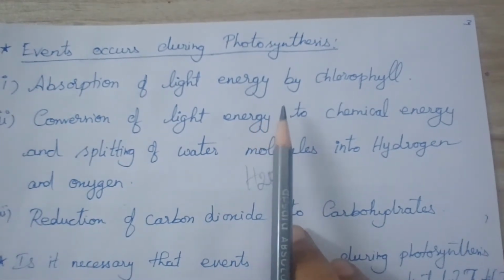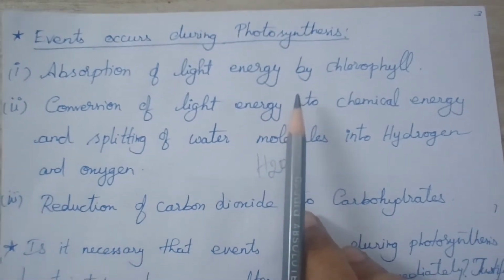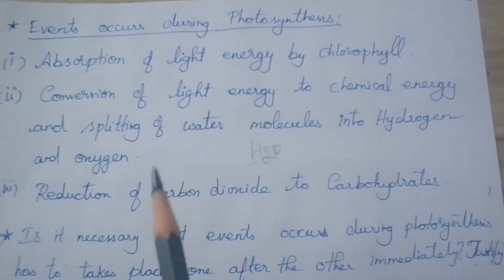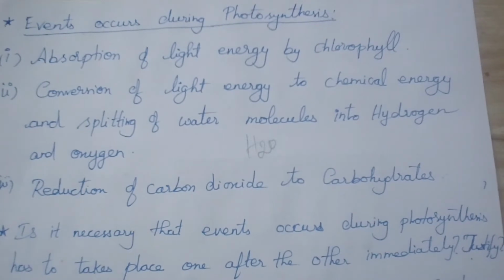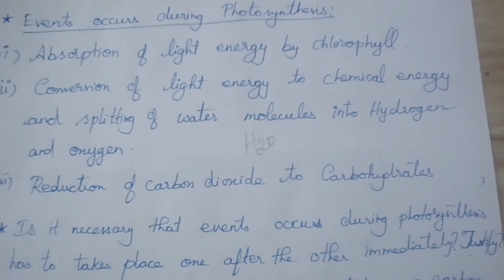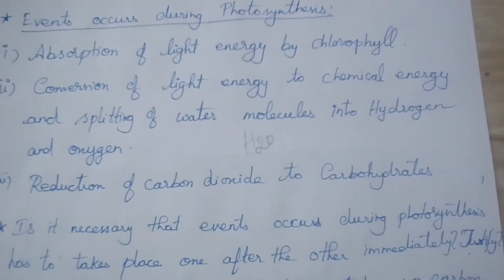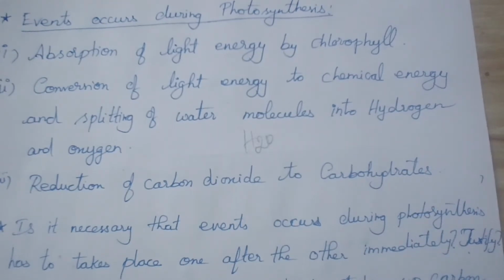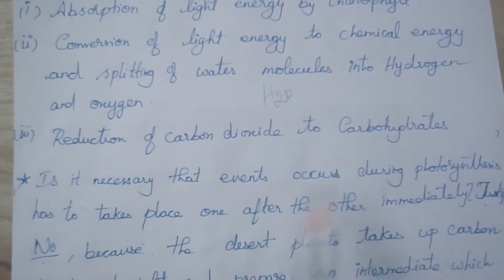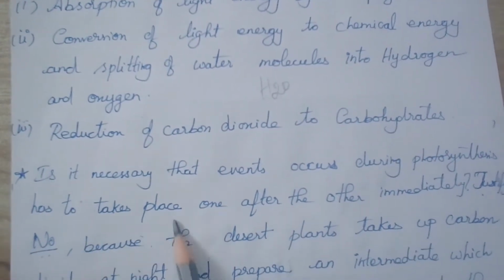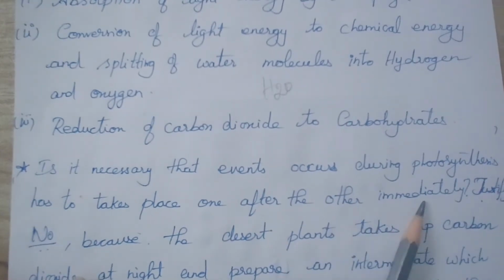Because everywhere the climate is not the same, right? It may vary, so depending upon the climate, the plants will adapt themselves to that climate. In the desert plants the same thing will not happen, right? Is it necessary that the events that occur during photosynthesis take place one after the other immediately?